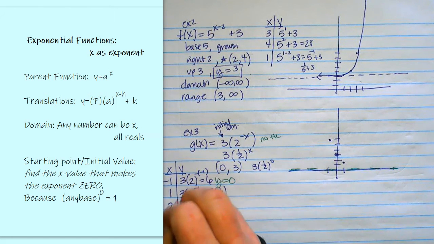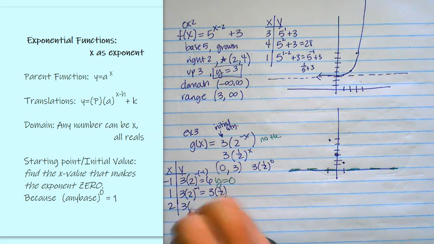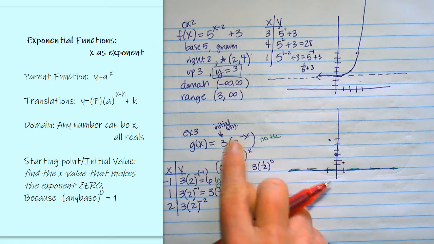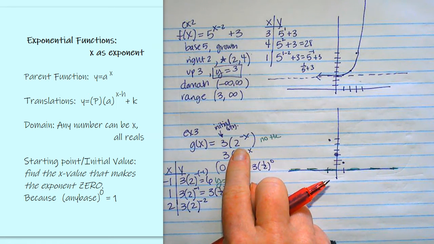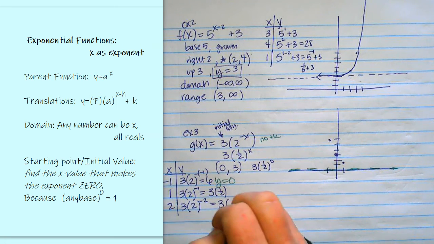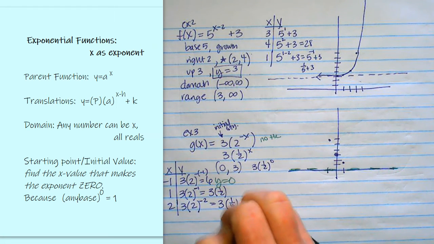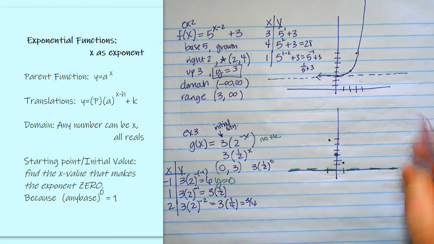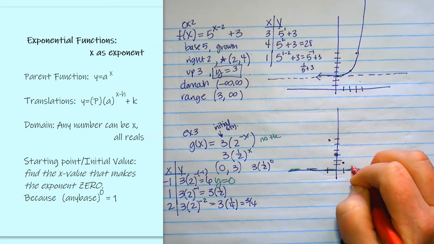And then at 2, I'm going to be at 3/4. Plugging into this original equation, 2 to the -2, that'll be 3 times 1/4, which is 3/4.